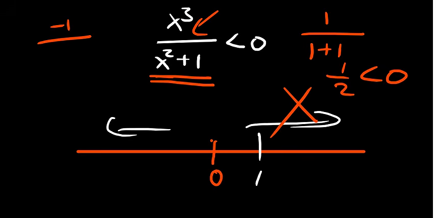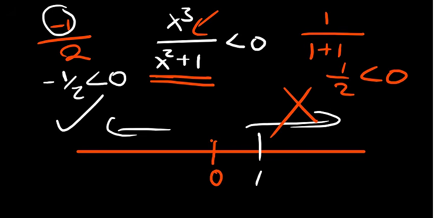So the only thing determining whether our value is going to be less than 0 or greater than 0 is the numerator. Down there we're going to have another positive value again. So what has determined is the numerator, because it has got an odd power. So this is actually true. Negative 1 over 2 is actually less than 0.